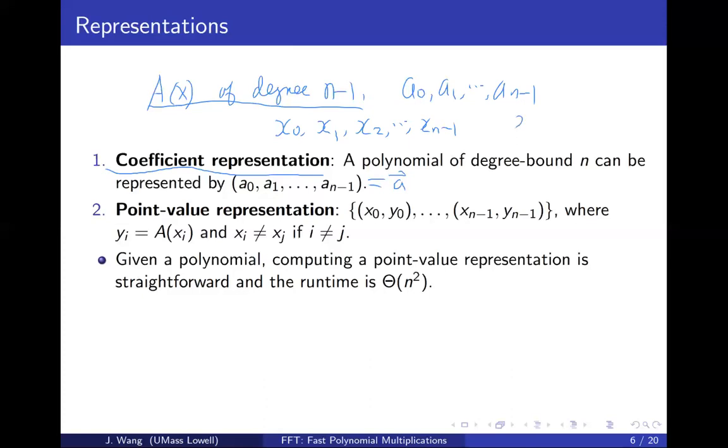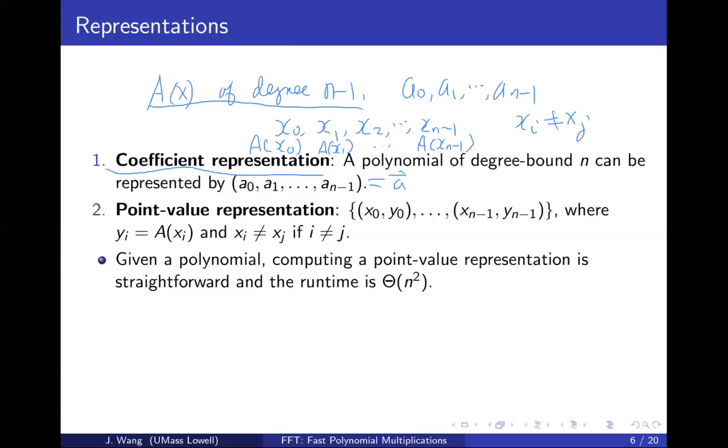Which means xi is not equal to xj for any i and j. And then evaluate them. So we get A(x0), A(x1), and then A(xn minus 1).